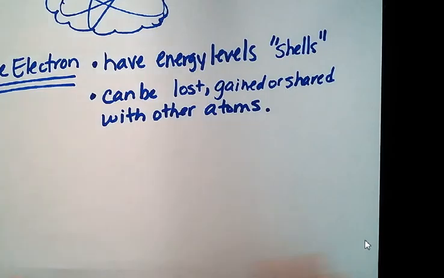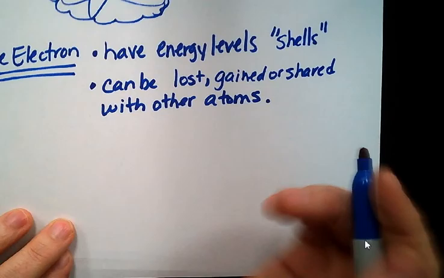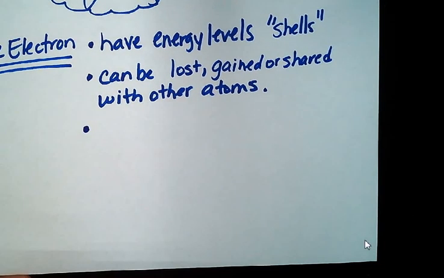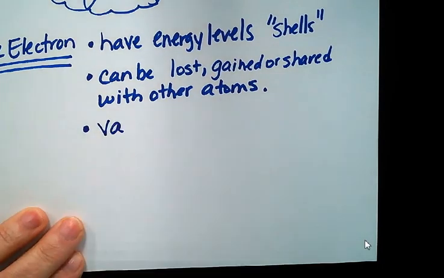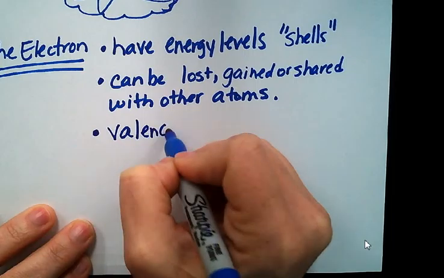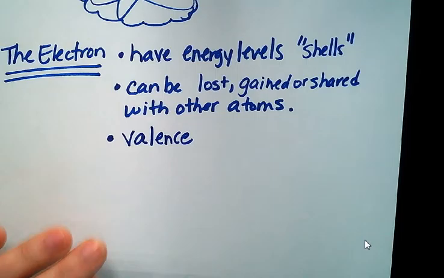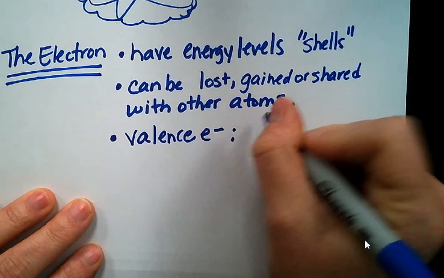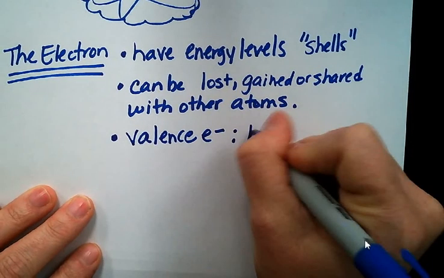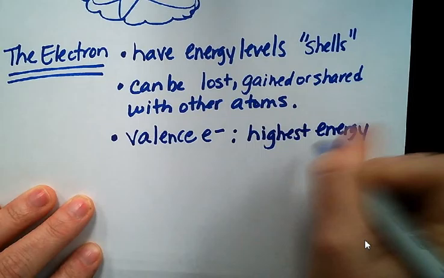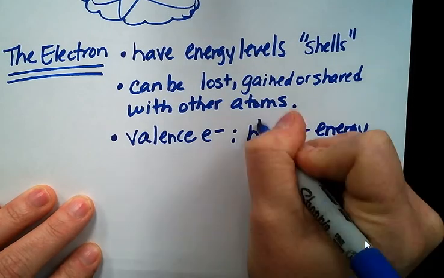So the electrons in the highest energy level have a special name. Did you talk about those last year? It starts with a V. Valence. Do you remember that word? Okay, so the valence electrons, those are the ones that are in the highest energy level.